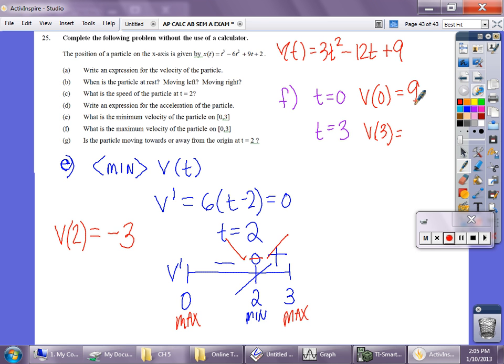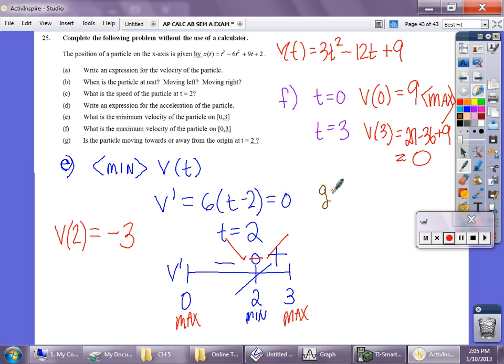The velocity at 3 would be 27 minus 36 plus 9. And in that case, 27 minus 36 equals negative 9, plus 9 is 0. So the maximum velocity happens at t equal to 0. Hopefully I did my math right. Sometimes I make really dumb mistakes.